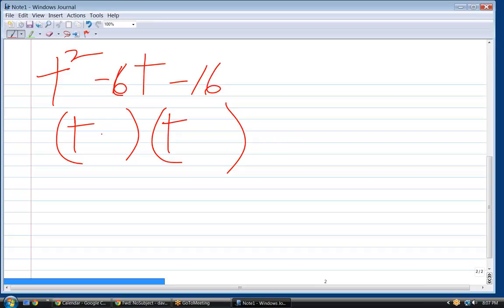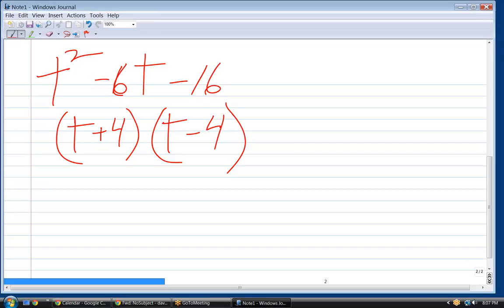Well, what happens if we do that? Let me at least avail you of my wisdom in terms of checking your answer. We want to multiply this back together again to make sure that it's equal to what we started with. I know the t squared is correct. I know the minus 16 is correct.